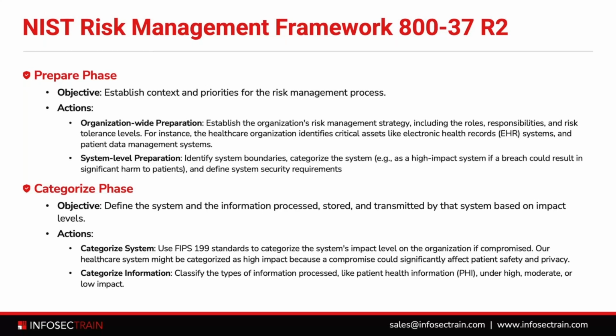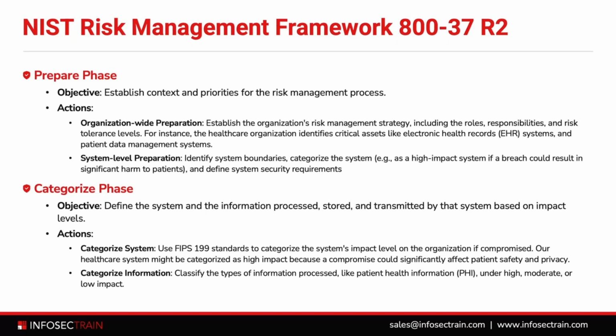actual risk assessment. In the categorization phase, basically it defines the system and the information either getting stored or transmitted on the basis of the impact level. So in categorization, we will basically categorize any information system under federal or non-federal category, and also under the national security category.